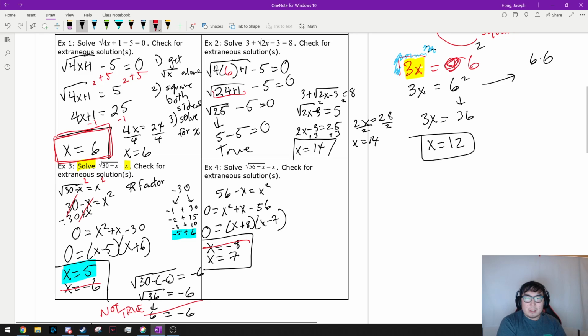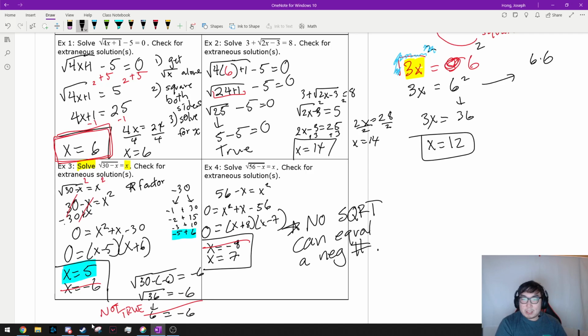And the way that I really know that by shortcutting is that no square root can equal a negative number.